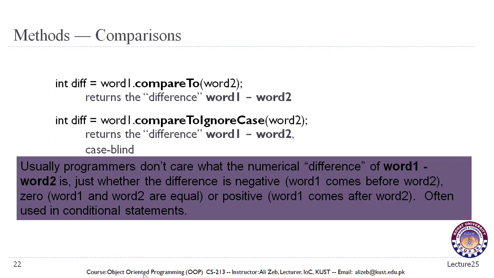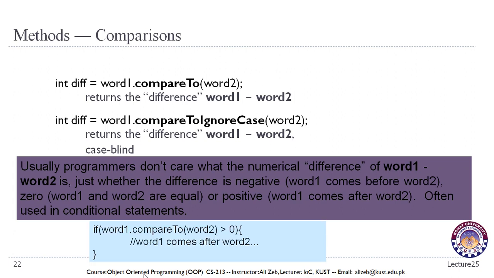And these are often used in conditional statements. We will look at examples of using comparison methods. So this is an example where we can use the compareTo method. It wants to see if word1 comes after word2, then maybe do something.